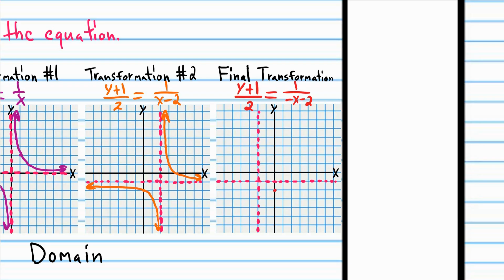And this point is not going to change locations because it's on the y-axis. This point is going to flip around here. And this point here is going to, that's going to be here. And so on and so forth.